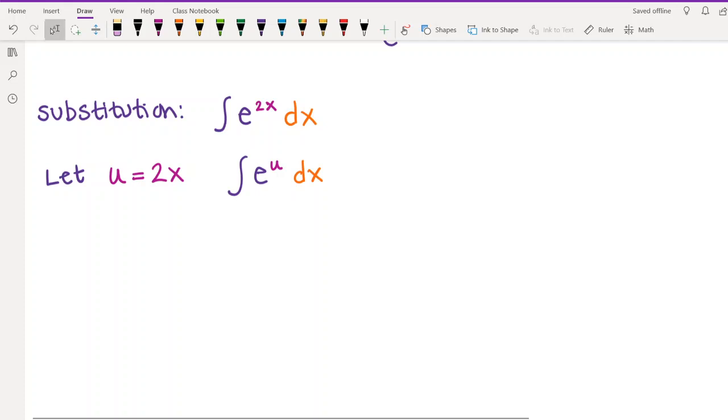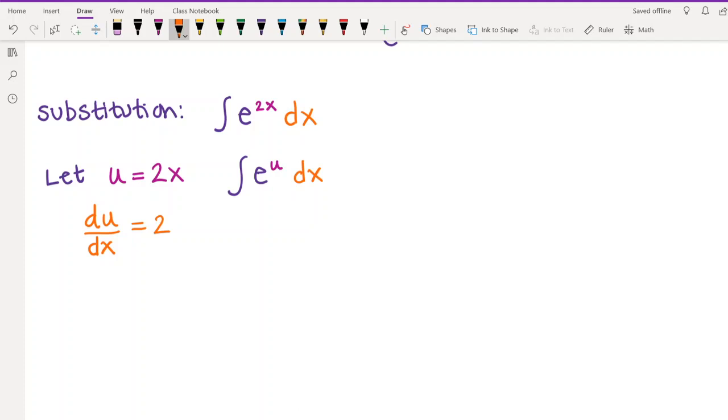Here we said u is equal to 2x. We actually take the derivative of both sides, with respect to x. So du dx is equal to 2, right? That's the derivative of 2x.